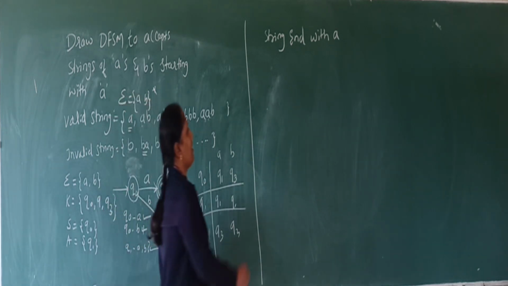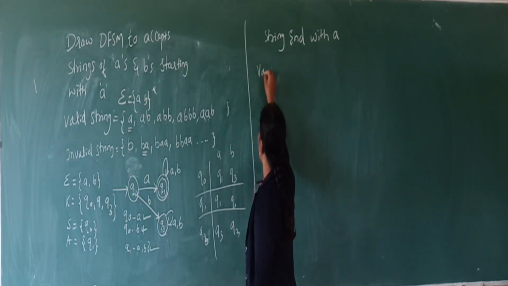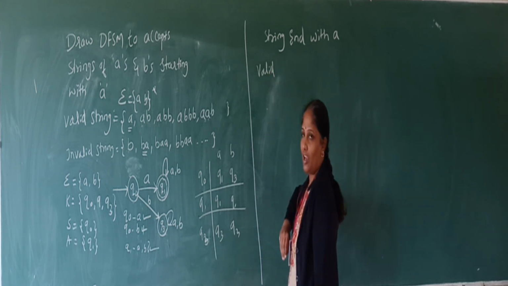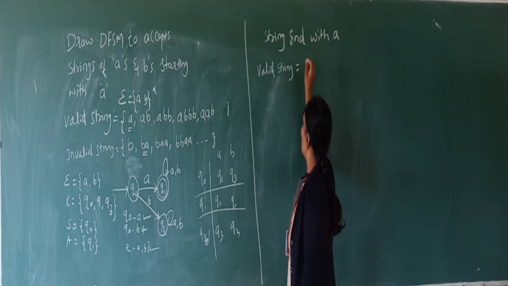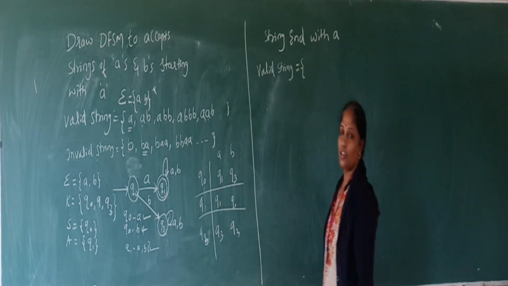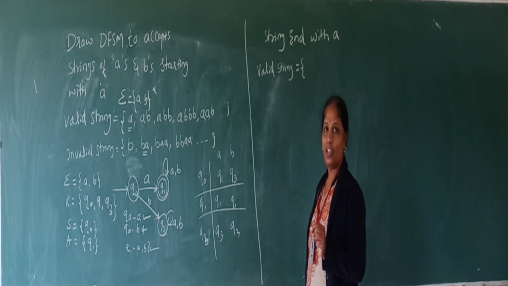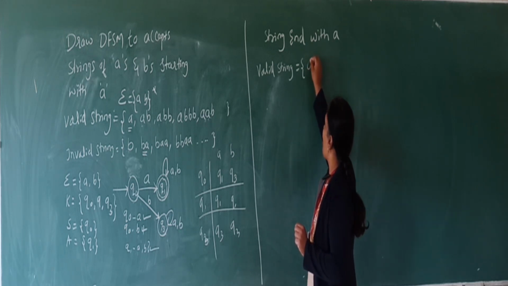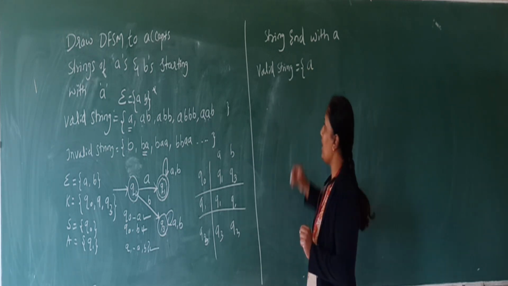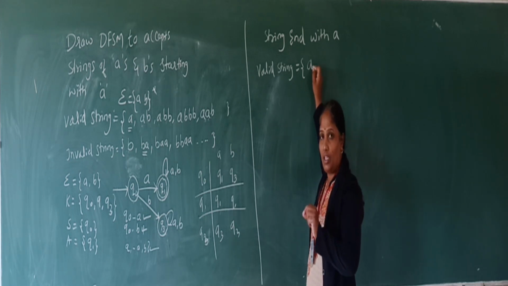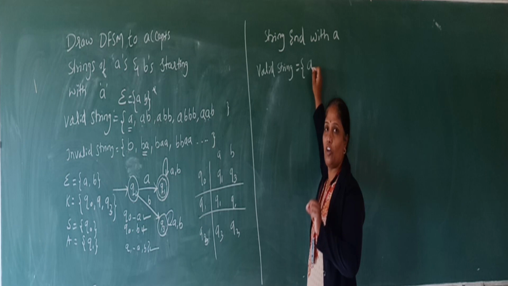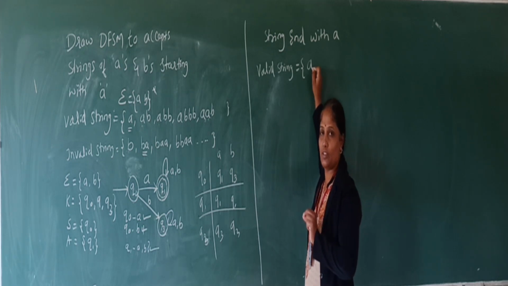So, what is the first step? We should write the valid strings in the language. What are the valid strings? The strings ending with A. They have not given a condition for the occurrence of B. B may occur 0 or any number of times.